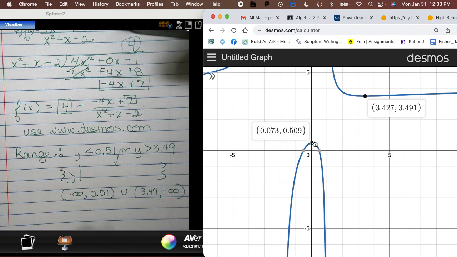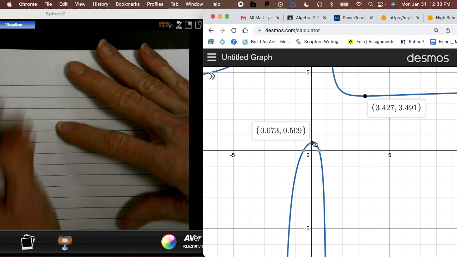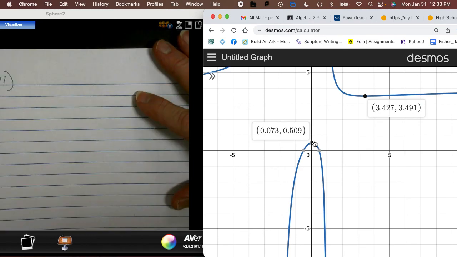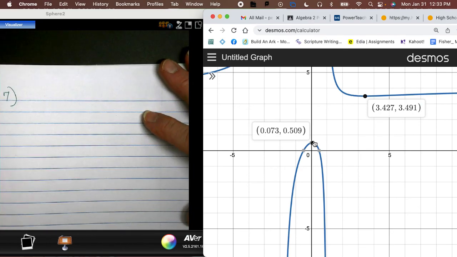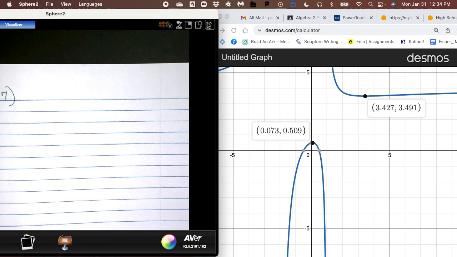Okay, so we're going to start with number 7, and just know this is the pattern you're going to follow through the rest of the assignment. I'm going to put this out here first because there's things to talk about before we get to the graph.